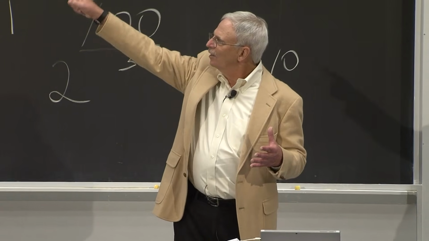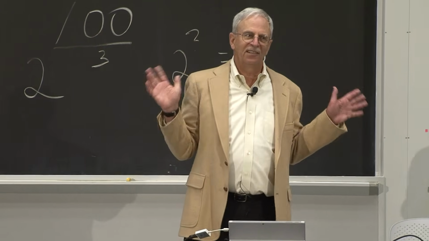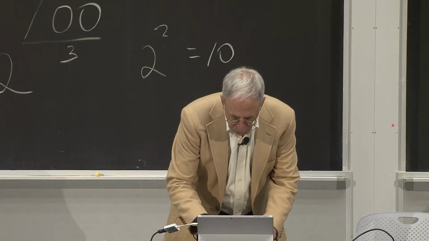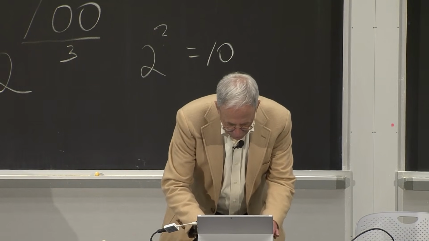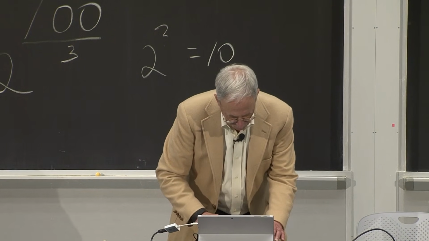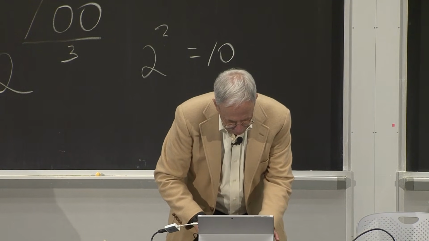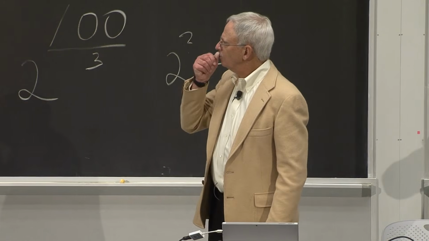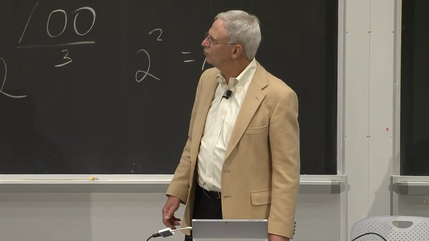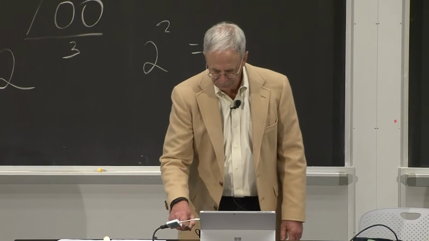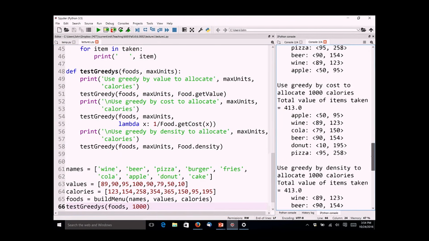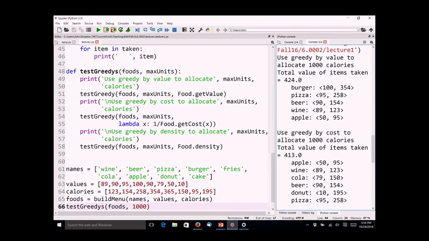Now, we could ask the question, can I just say, don't worry about it, density, say, will always get me the best answer? I've tried a different experiment. Let's say I'm feeling expansive, and I'm going to allow myself 1,000 calories. Well, here what we see is the winner will be greedy by value.